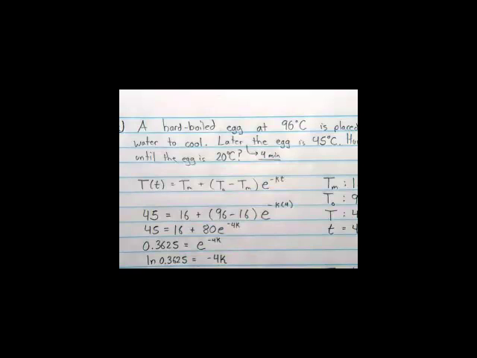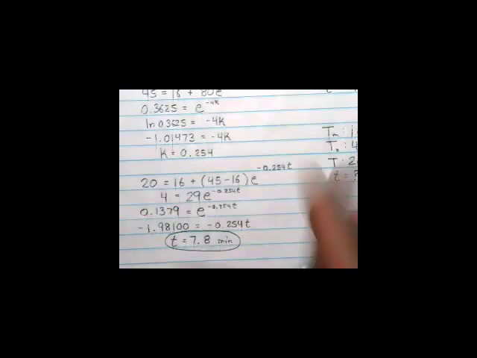If you wanted to know, start to finish, how long did it take to get to 20 degrees, it'd be 7.8 plus 4, right? You had that initial 4 minutes plus the other 7.8, so it's 11.8 minutes. So the way this is worded, how long until the egg is 20 degrees Celsius, that would be the 11.8. If it says how much longer, then it would be 7.8. But total time, 11.8 minutes.